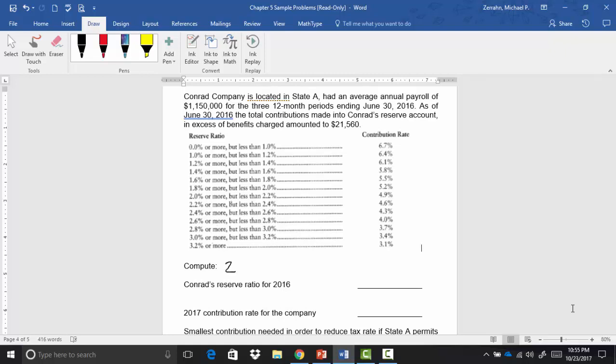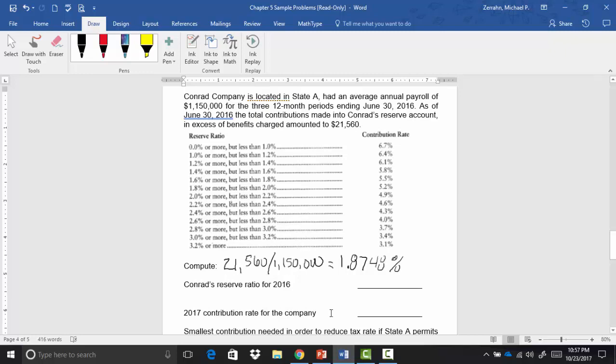Their balance was $21,560. Divide that by their average payroll of $1,150,000 and turn it into a percent, and it's 1.8748%.